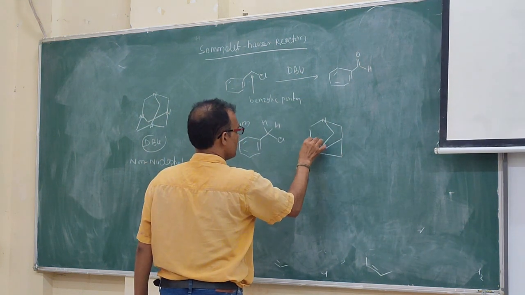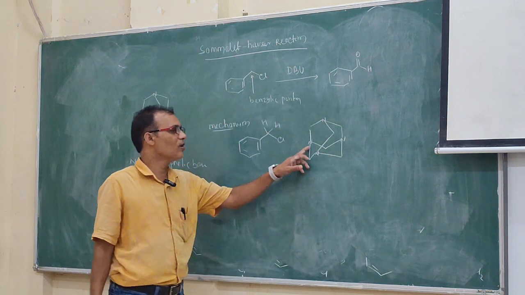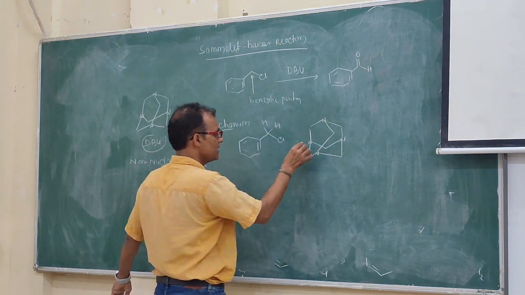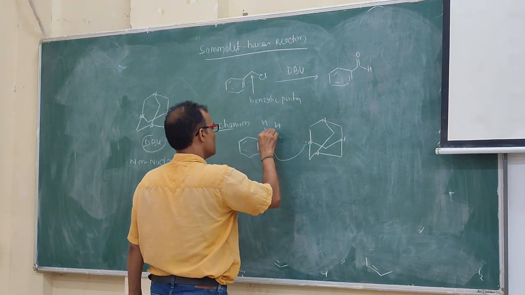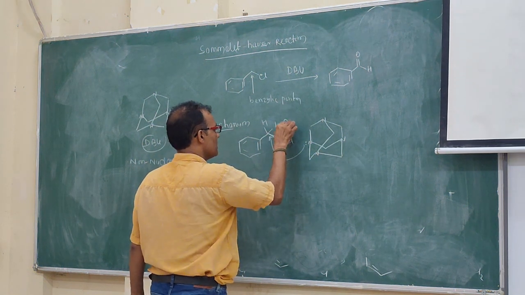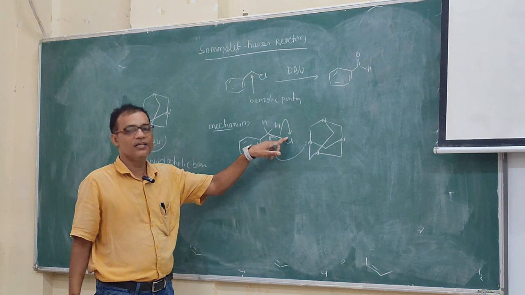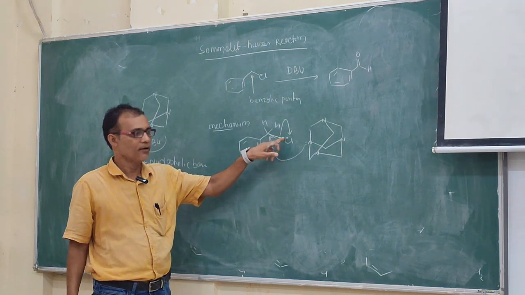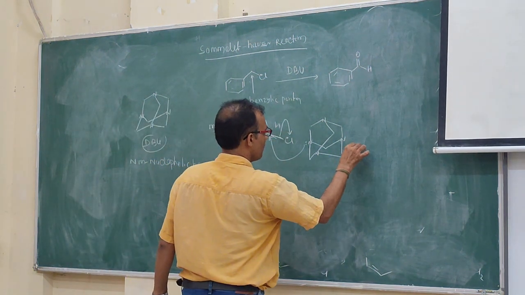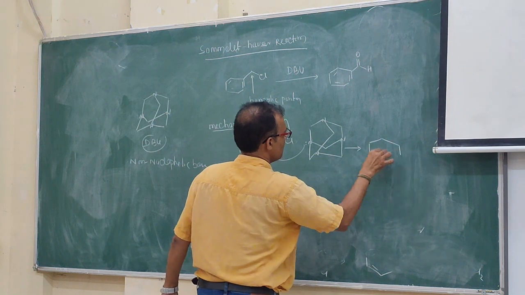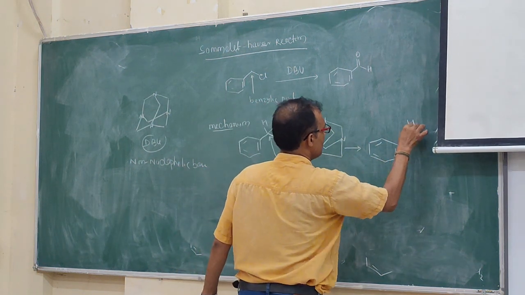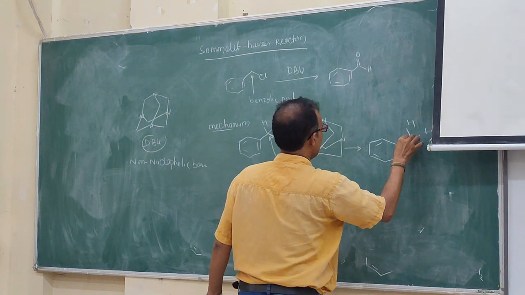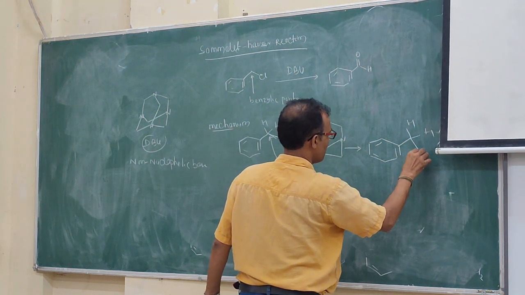You have a lone pair of electrons in each nitrogen. Use this one. Then what will happen? This bond pair will be deposited on chlorine. So you will have this hydrogen, and a new bond from here to here.